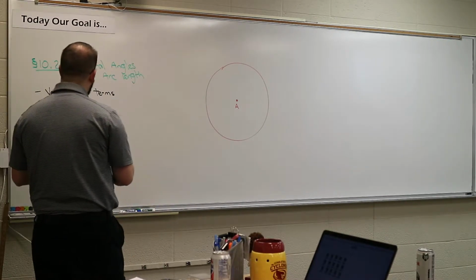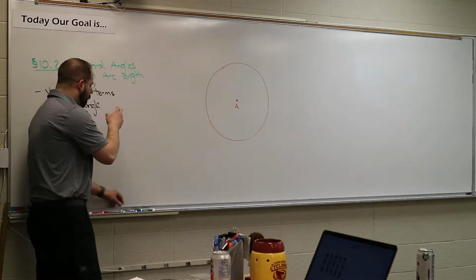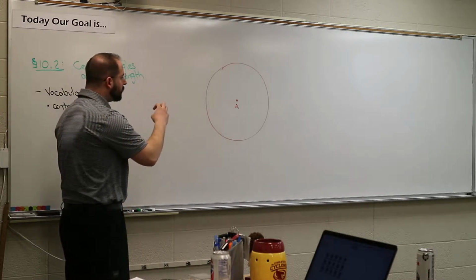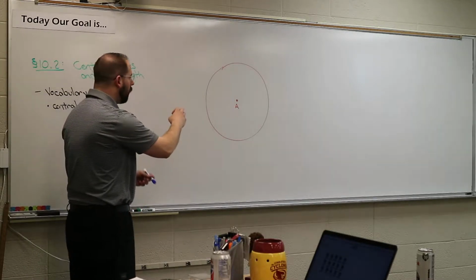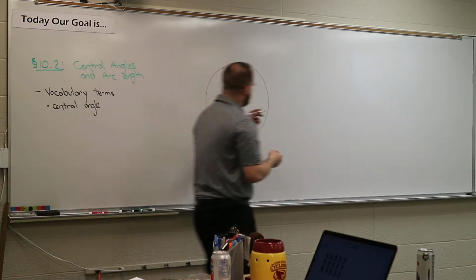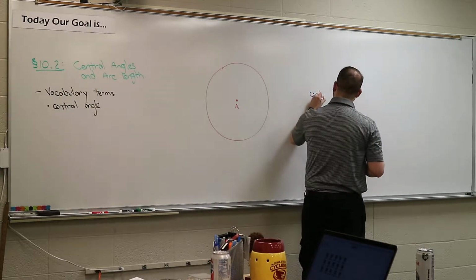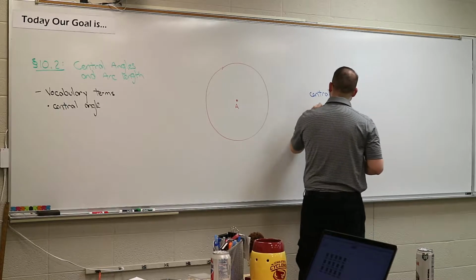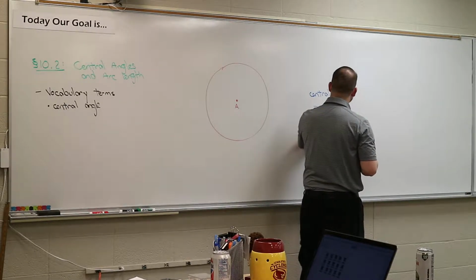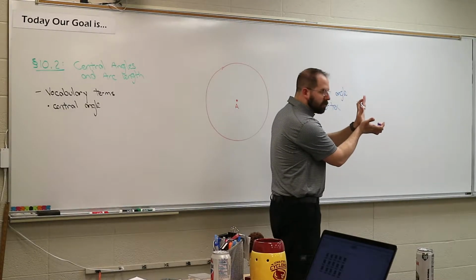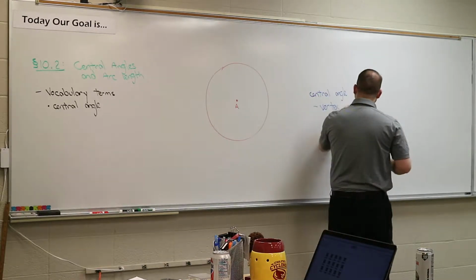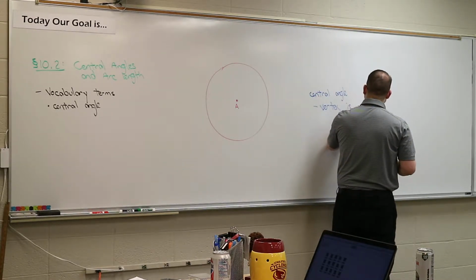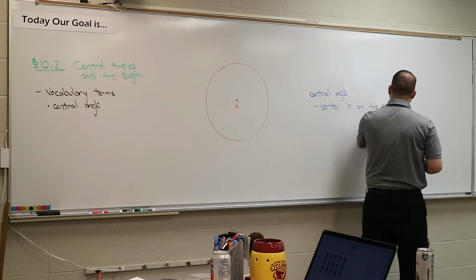A central angle is an angle where the vertex is the actual center of your circle. So in fact, I'm going to write that down. The central angle has the vertex on the center of the circle, so when you draw an angle, the little wedge piece is right on the center.